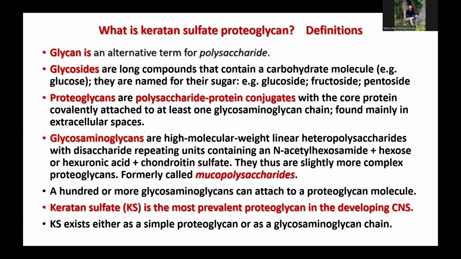Now, I'd like to give just very briefly a little bit of basic neuroscience to show you some of the things that are being discovered now. Proteoglycans are polysaccharide protein conjugates, basically. And the most prevalent in the nervous system is one called keratan sulfate.